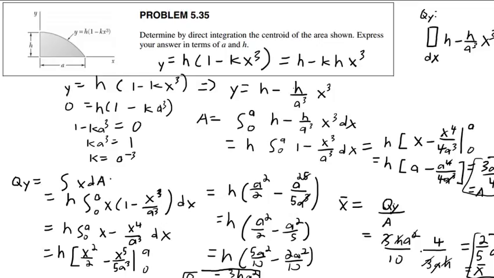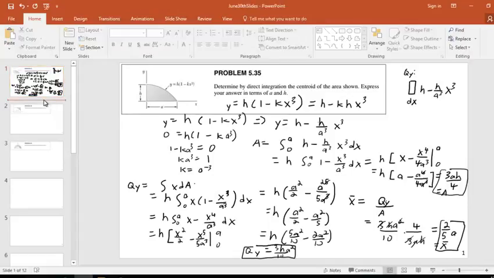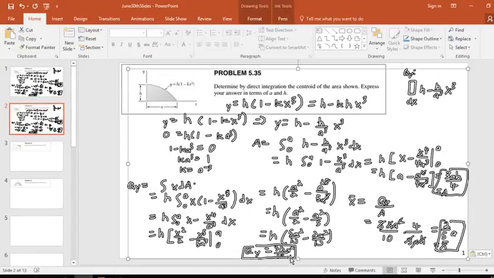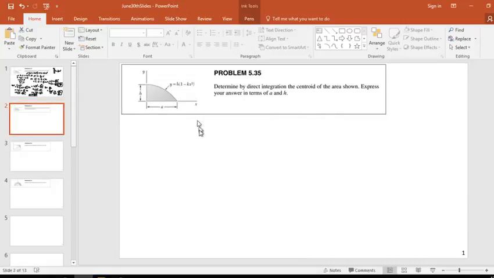All right. I'm going to need another slide. So I'm going to do some transposition again.